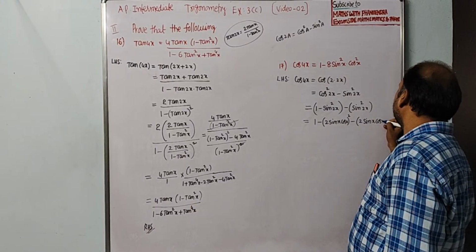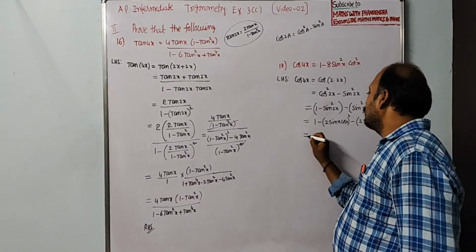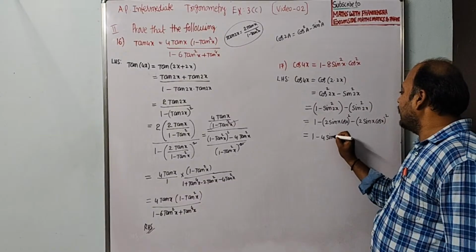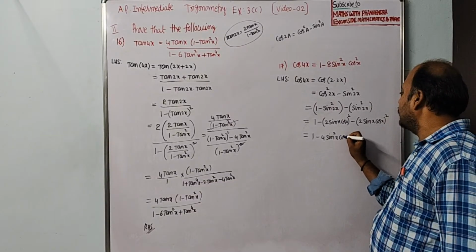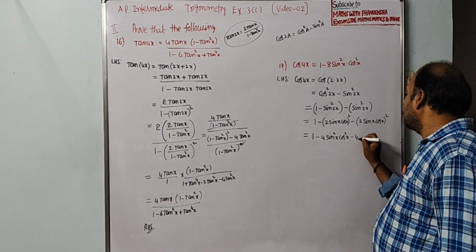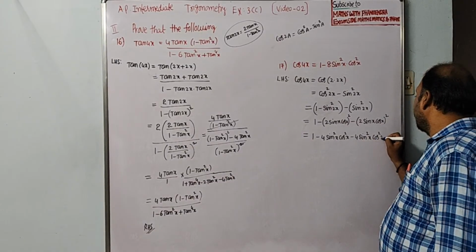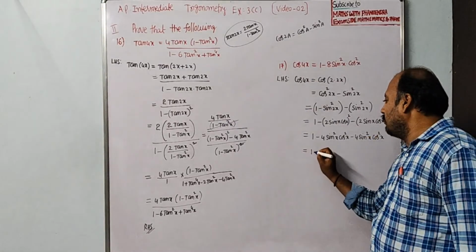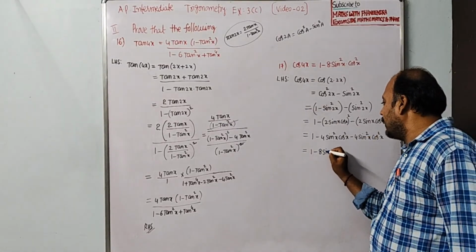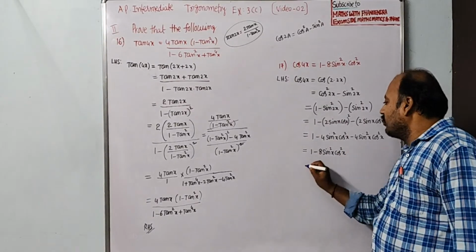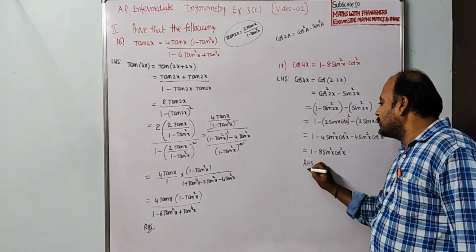We will get the answer. So 1 minus 4 sin square x cos square x minus 4 sin square x cos square x, which is equal to 1 minus 8 sin square x cos square x, which is the required RHS, dear students.